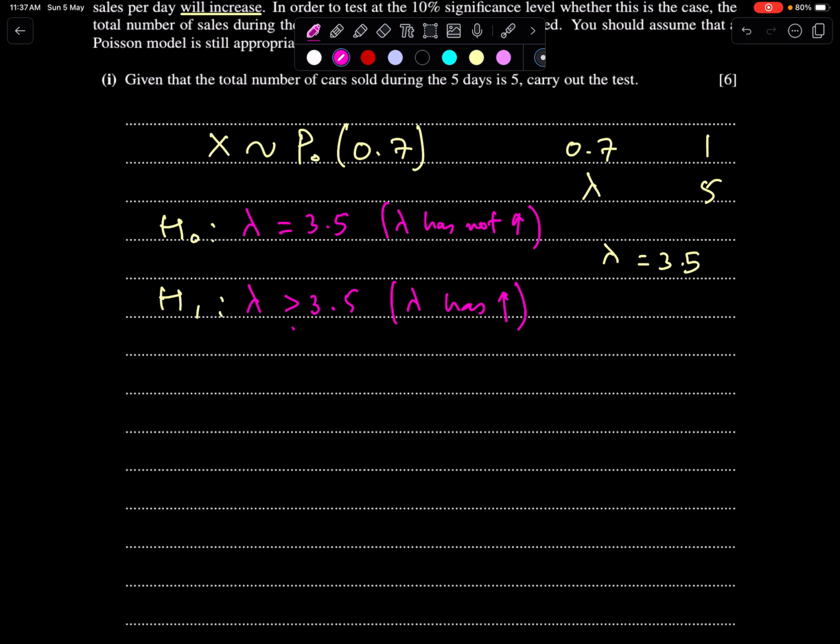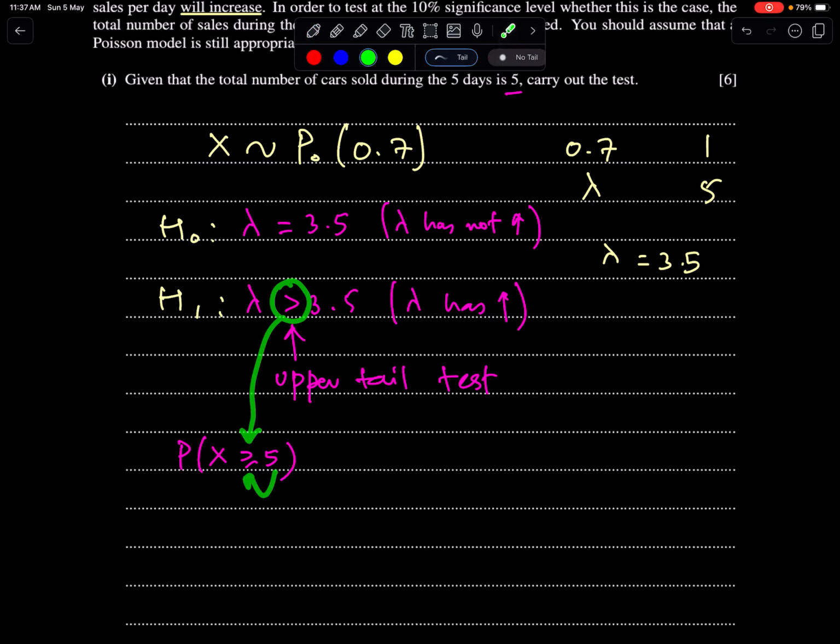Well, since we have a greater sign here, so we have to perform the upper tail test. And test value is 5. So we need this probability. X is greater than or equal to 5. Since we have a greater sign here, so write greater sign here, and test value is always inclusive.